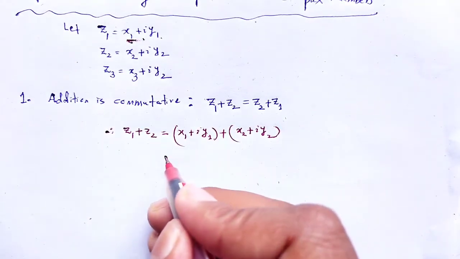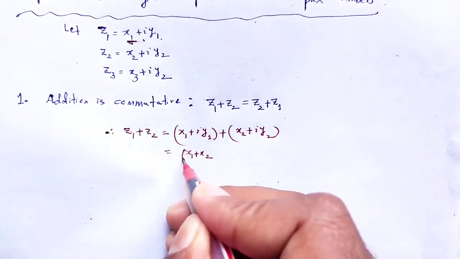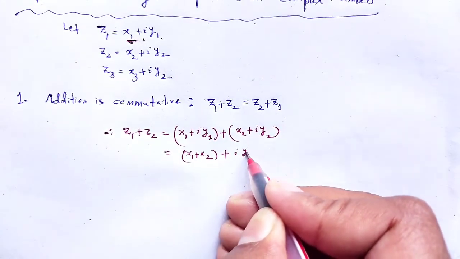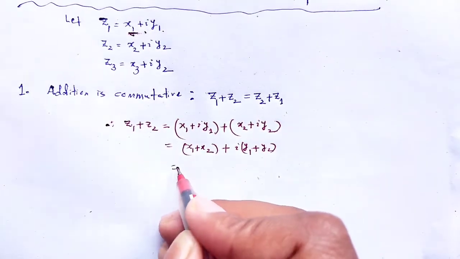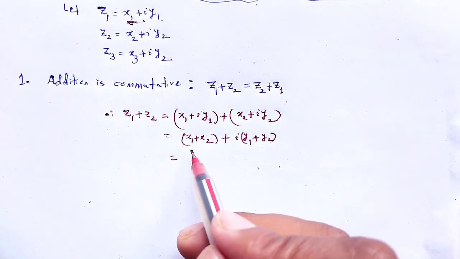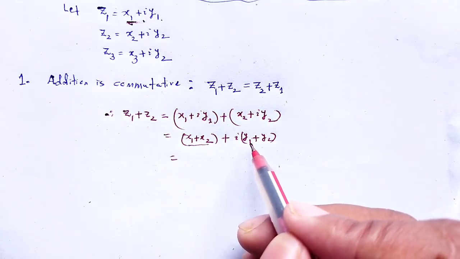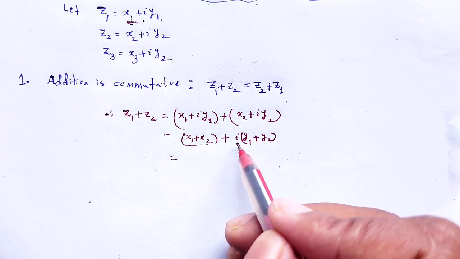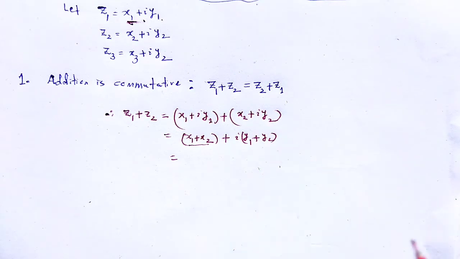Adding the real parts, x1 plus x2, plus i times (y1 plus y2).